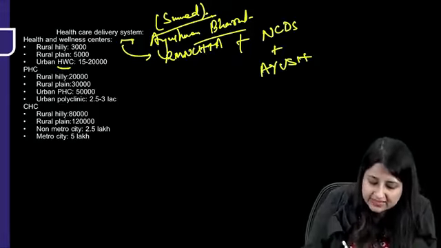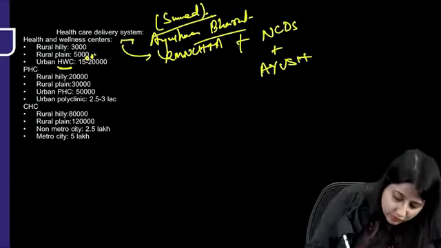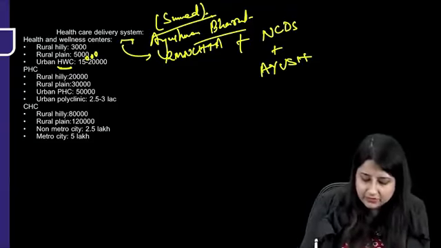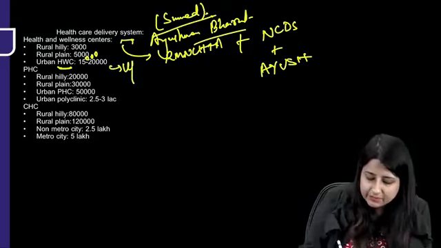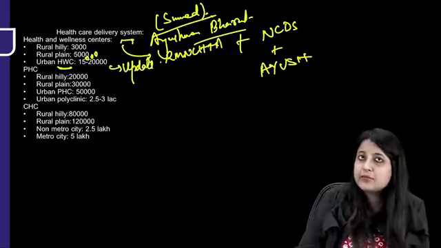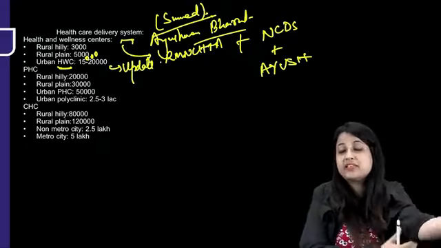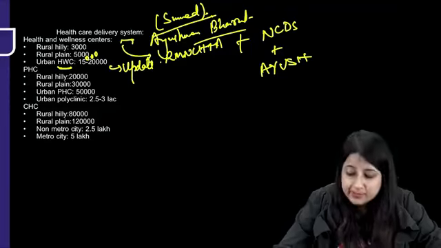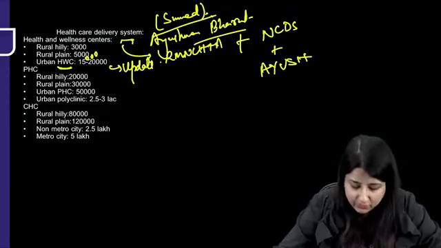Now I told you if there's a health and wellness center in an urban area, it could be present for 15,000 to 20,000 population. This is like an update. Otherwise, we say the urban Swasthya Chowki is present for 10,000 population, but if it's converted to a health and wellness center, 15 to 20,000 population.